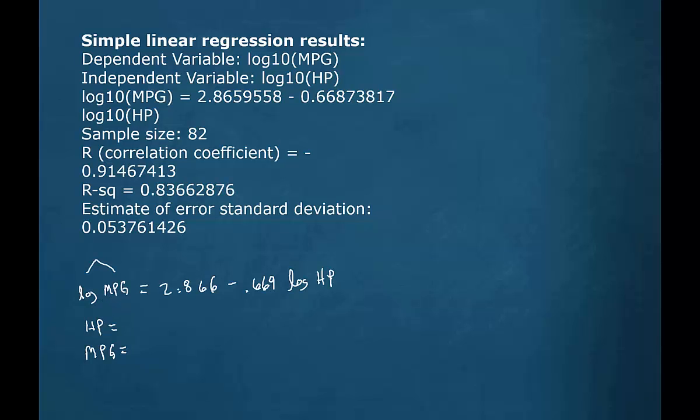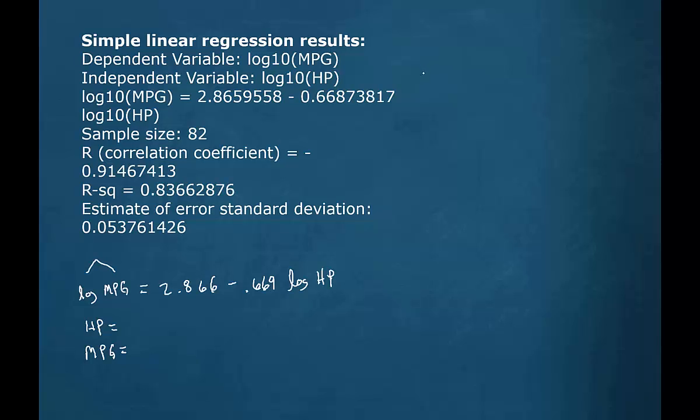So what we need to do is manipulate this equation using the rules of logs and exponents that we know about so that we can plug in values for horsepower and just get back values for the miles per gallon. So we'll do a little bit of remembering about how this works.